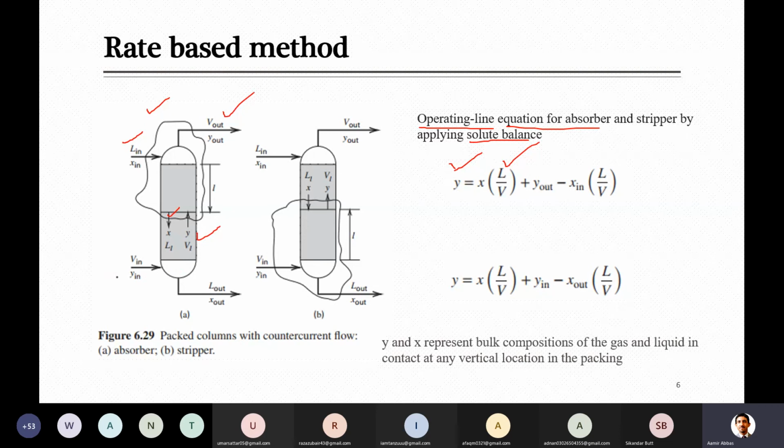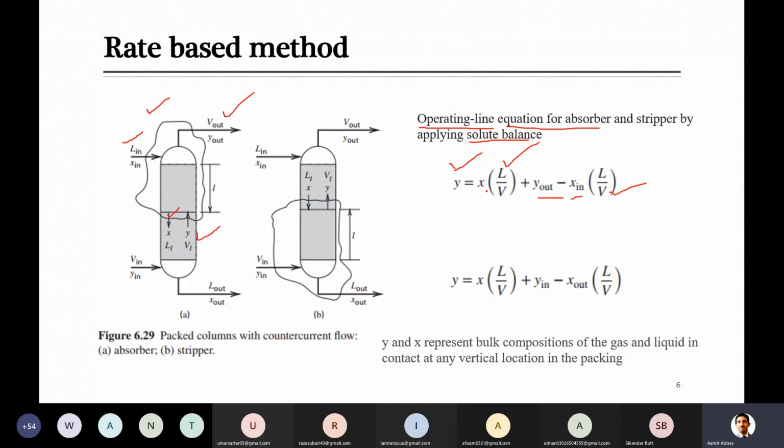Actually, you say that the liquid at the inlet is equivalent to the liquid leaving from this part of this height, and that is equal to the simple liquid flow rate. And at the same time, for the vapor stream also you consider that it contains a very small amount of impurity; this is also dilute. So in that case, V in is equal to V out is equal to V leaving from some length, and that will be equal to the simple vapor flow rate. It means whenever we have these liquid and vapor flow rates given to us, like if we have something like x in and y out, then we can develop some equation which can link y and x.